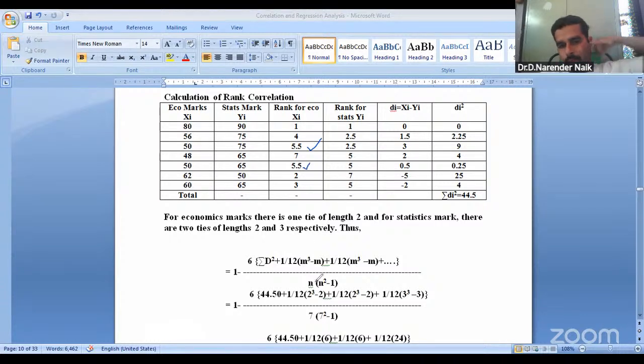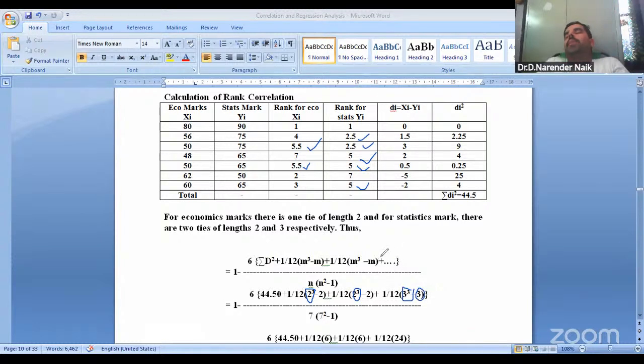We written it here, completed. Next, in statistics, 2 cube minus 2, and then 3 cube minus 3. So this is important.